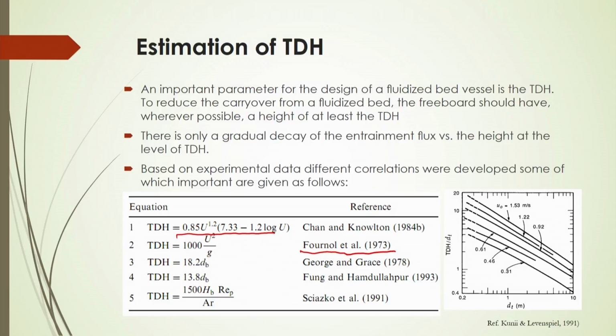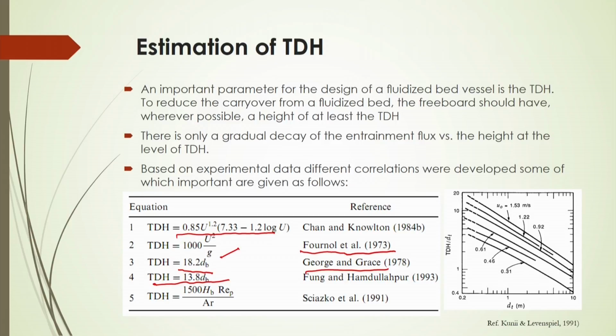TDS should be equal to 1000 times u squared by g. And George and Grace, 1978, said that the TDS should be a function of only the bubble diameter, so it is only 18.2 times the bubble diameter. Whereas Fang and Hamdani, 1993, gave another correlation, also explaining that the TDS will be a function of bubble diameter.